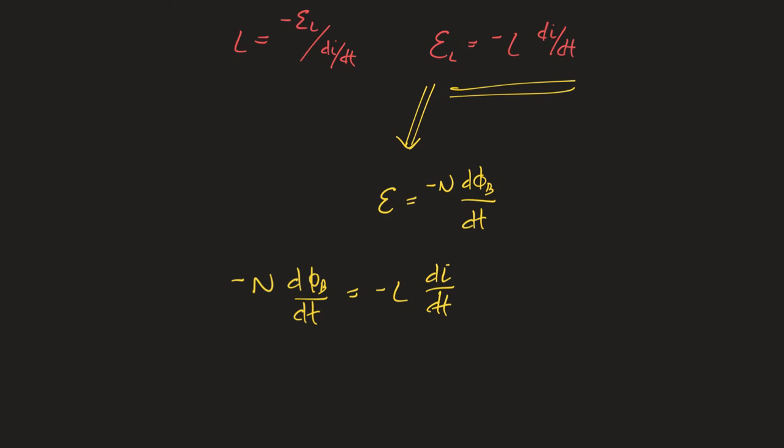Now, the next place to go from here is recognize we can cancel out the two negative signs. But we can also, I'm not sure if you know you can do this, but both of these have had the derivative taken with respect to t on both sides. Do you see that? It shouldn't be a huge stretch to realize that that must mean this can be written as N flux equals L i.